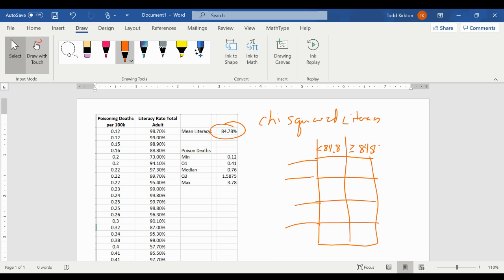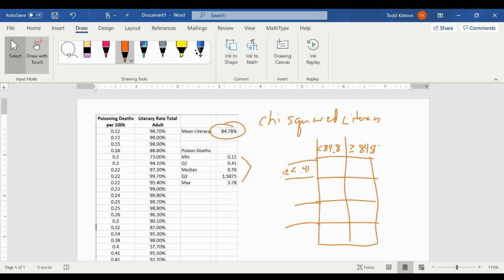And then down the left side, I found the 5-number summary, which you should have found anyway when you're doing your stats. You might have to add in the quartiles if you didn't do that. What I'm going to do is go from 0.12, including 0.12, to less than 0.41.